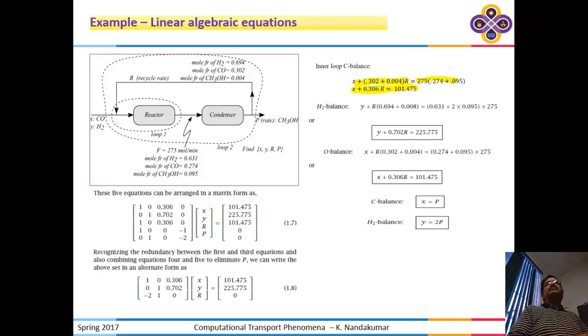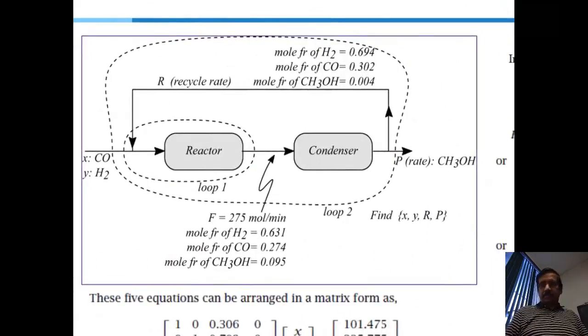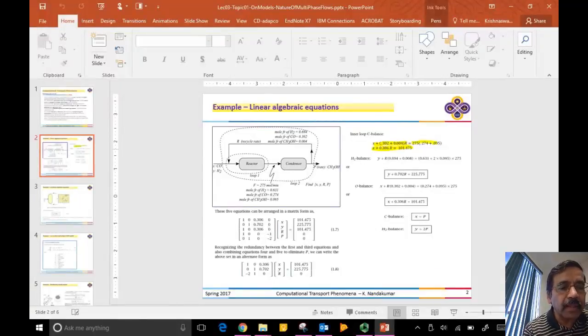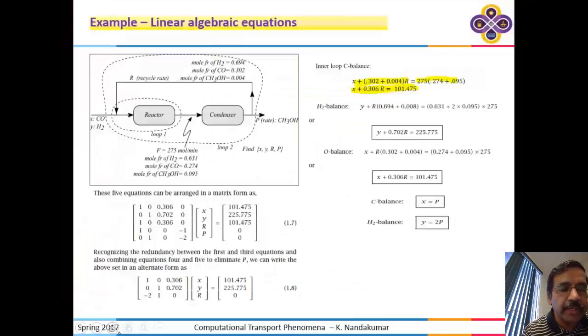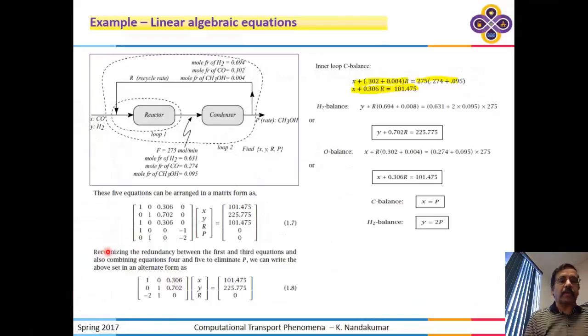So this is a very simple example from an undergraduate mass and energy balance course. What is happening here is you have a simple recycle stream. Let me just enable the pointer.